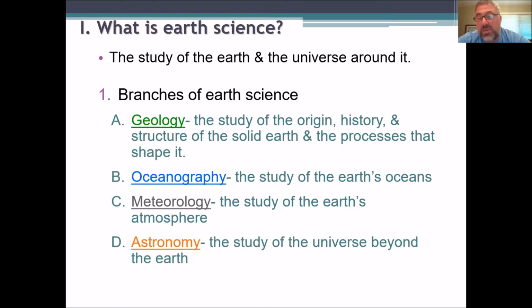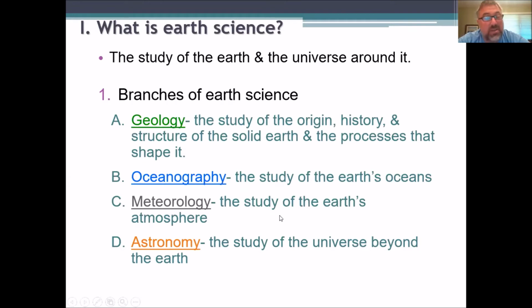And then you have astronomy, which is the study of the universe beyond. And I will say this, I have this incredible love for all of these, but especially for astronomy. As a little kid, I have always looked to the stars and learned my stars and my constellations, and it's really cool.